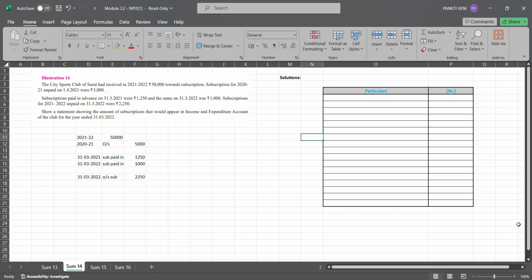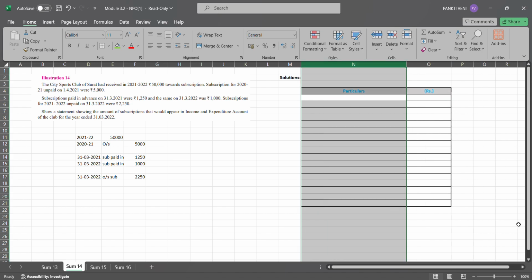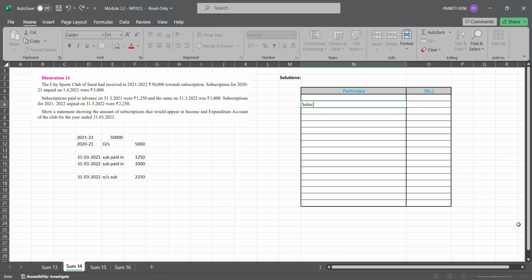Now how to start? I have one amount column. I have the basic amount, that is subscription received during the year. Okay, that is 50,000.